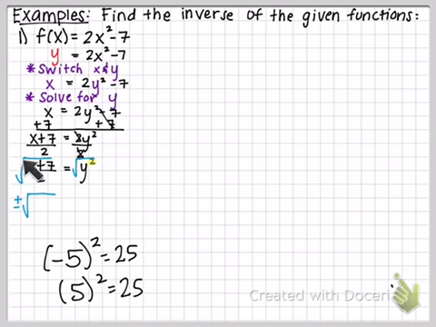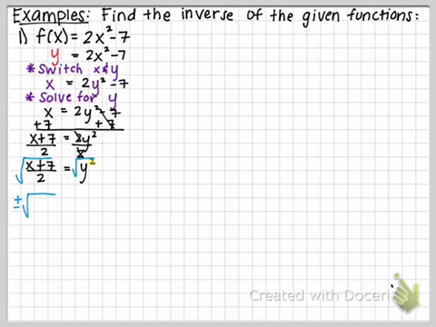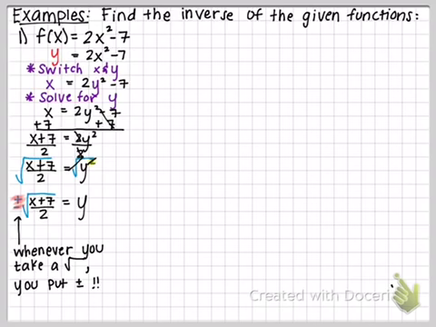So whenever you take the square root of something, you want to give that plus and minus. Okay, so that's plus or minus the square root of x plus 7 over 2 equals, and again that cancels out, so we're just left with y. So don't forget, whenever you take a square root, you're going to put plus or minus in the front.